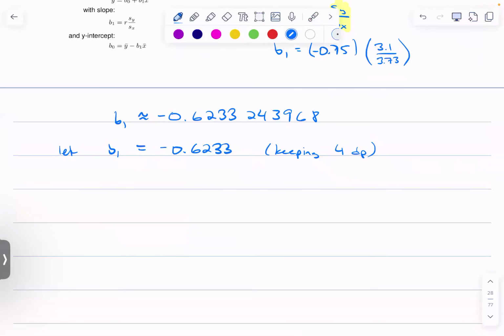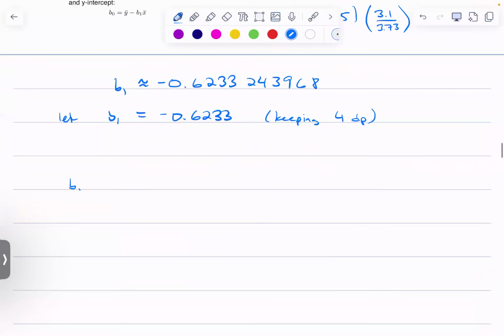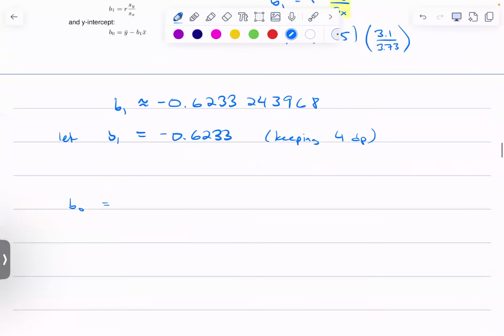So we can calculate b0. b naught is y bar minus b1 times x bar. Again, it's really important that you've identified the right x and the right y and attached the means and the standard deviations to the right thing.